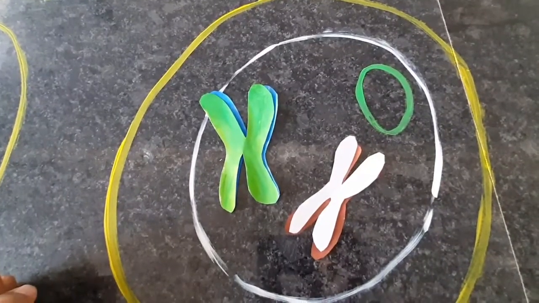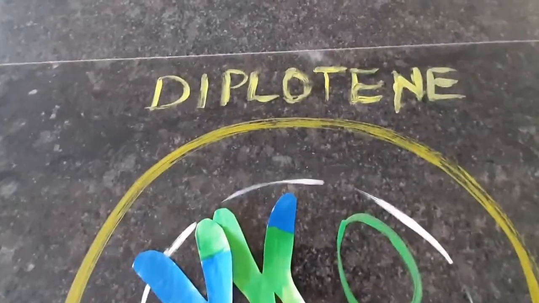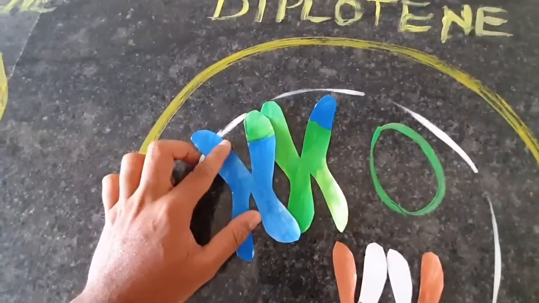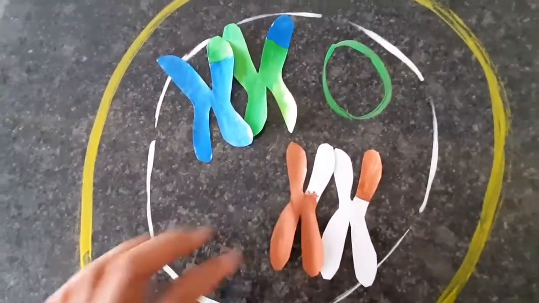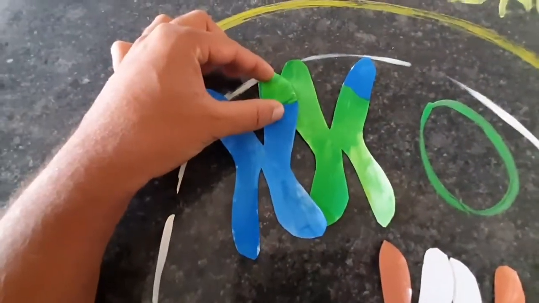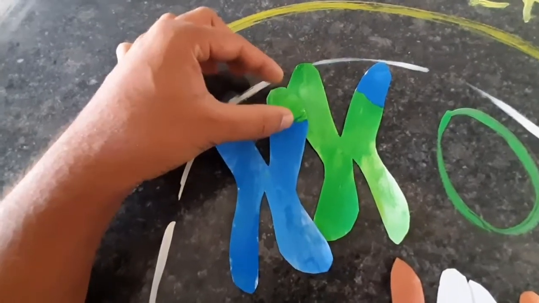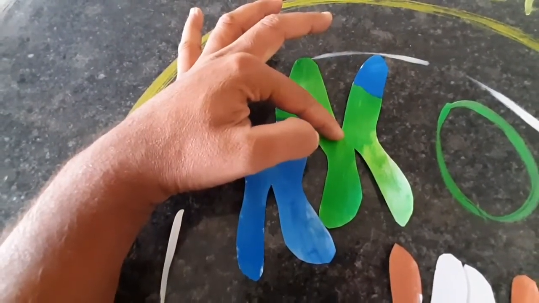Recombination. Got it? The next stage after pachytene is diplotene. Here you could see the blue colored chromosome and the green colored chromosome. Here the brown and the white colored chromosome. But still you could see this particular blue colored chromosome, particularly the non-sister chromatid, has a small segment of green colored chromatid.